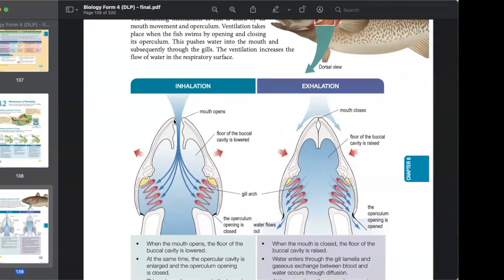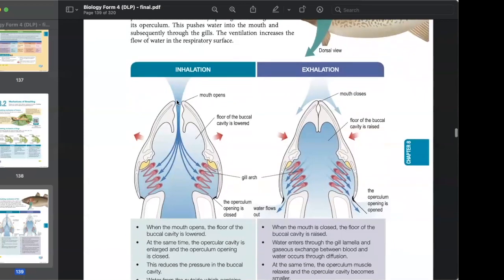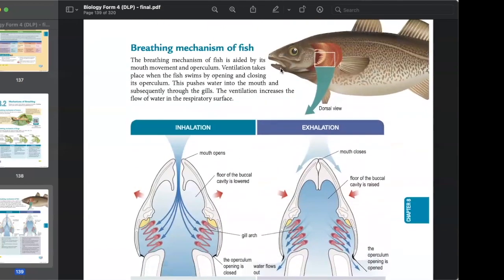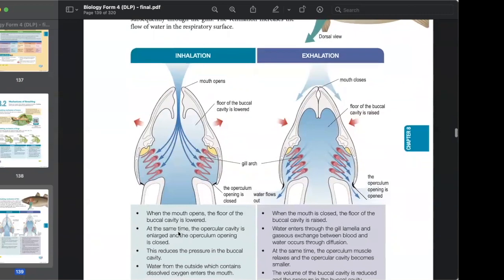Okay, so during inhalation, firstly, the fish will open the mouth. When the mouth opens, the floor of the buccal cavity is lowered. At the same time, the opercular cavity is enlarged and the operculum opening is closed.